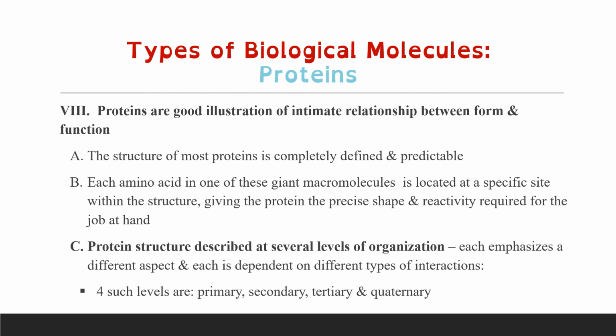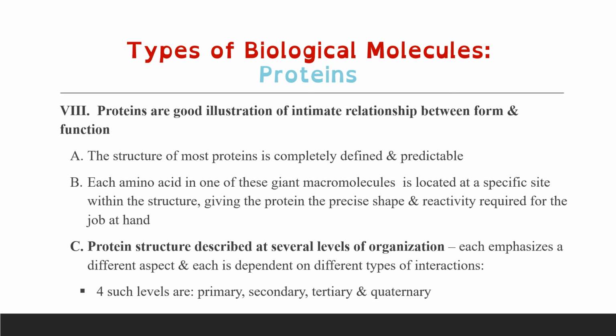And then proteins are a good illustration of the intimate relationship between form and function. So the structure of most proteins is completely defined and predictable. Each amino acid in one of these giant macromolecules is located at a specific site within the structure, giving the protein the precise shape and reactivity required for the job at hand.